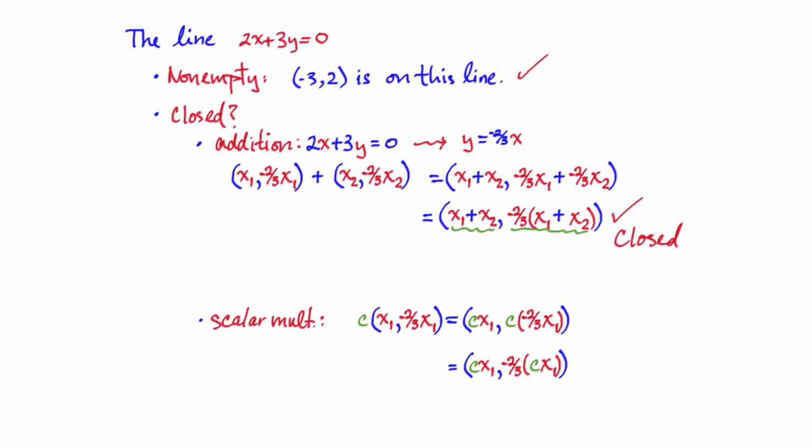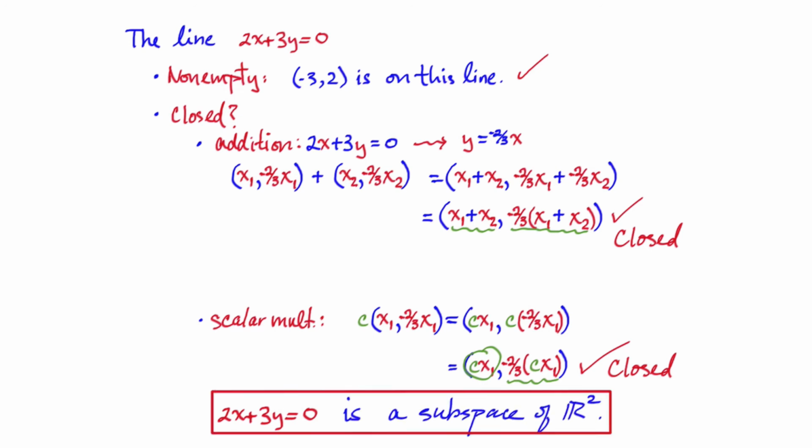So we can see that the second coordinate is negative 2/3 times the first coordinate. So this has to lie on that line. It satisfies the same equation. So it's closed under scalar multiplication. So it turns out that this line, 2x plus 3y equals 0, is a subspace of R2.